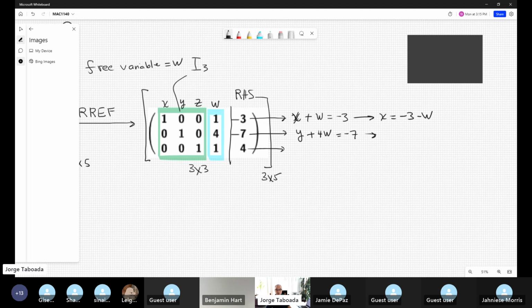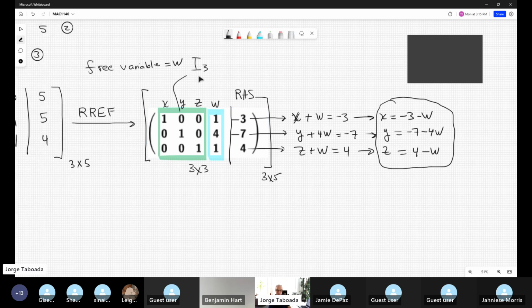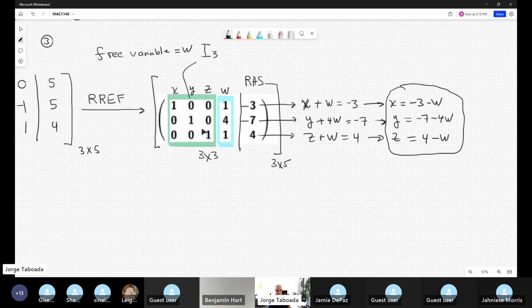Therefore, y alone is minus 7 minus 4w. In the last equation, you see z plus w, because the coefficient is 1, equals 4. Therefore, z is equal to 4 minus w. So you have the set of equations that in the first test was a little bit complicated because you needed to apply too much additional algebra. However, it is easy. The algebra is done inside this function.